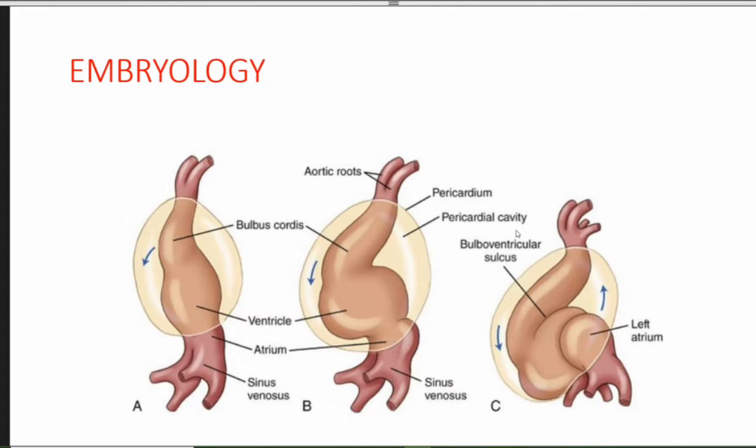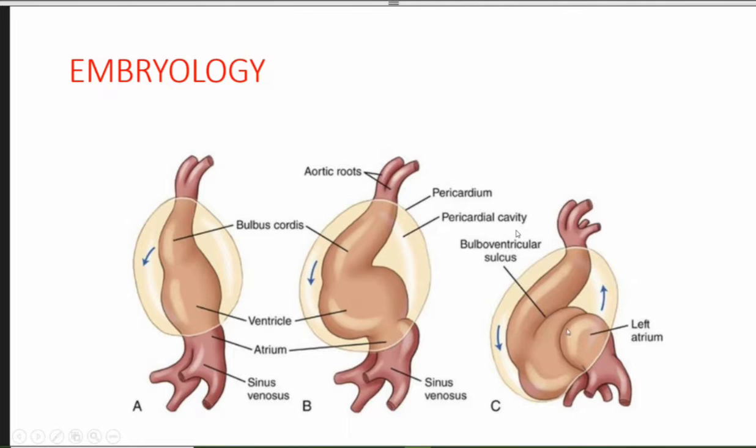So what has happened? The bulbus cordis is anterior, so that is why the future right ventricle is anterior. The primitive ventricle is on the left side, that is why the future left ventricle is on the left side. The primitive atrium goes posterior, that is why the atria are the posterior most structures.